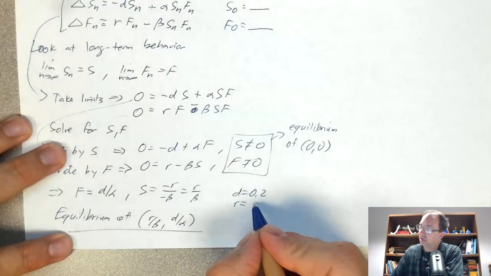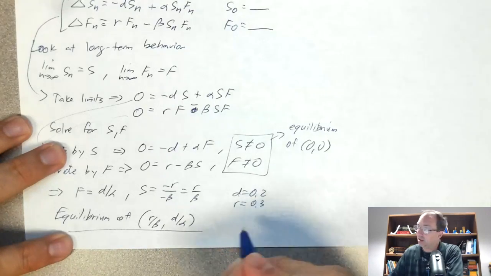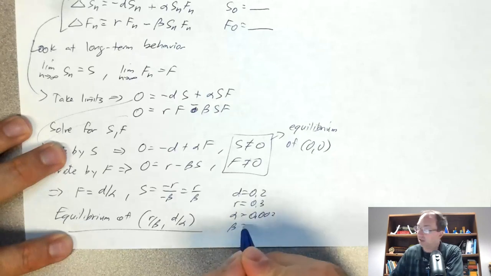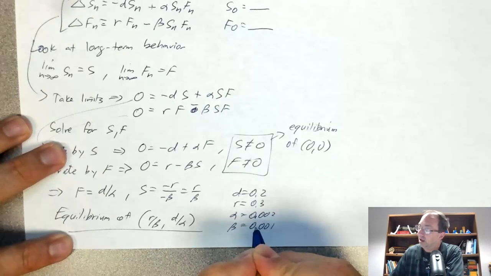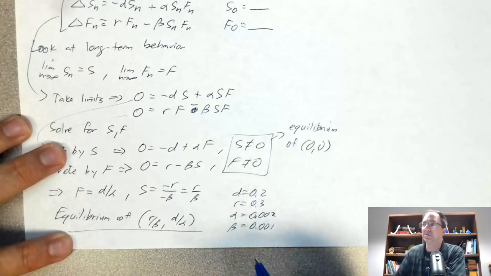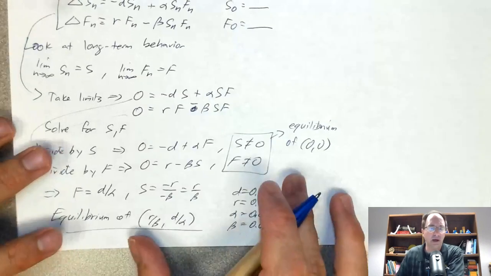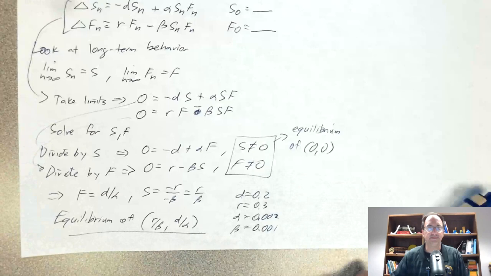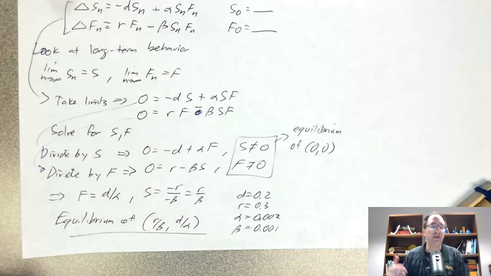R equals, how about 0.3? Alpha equals 0.002. And beta equals 0.001. These numbers are just for practice. They don't necessarily have to do with a particular species, but it gives us a chance to practice. So let's look at the spreadsheet after you've had a chance to practice on your own.